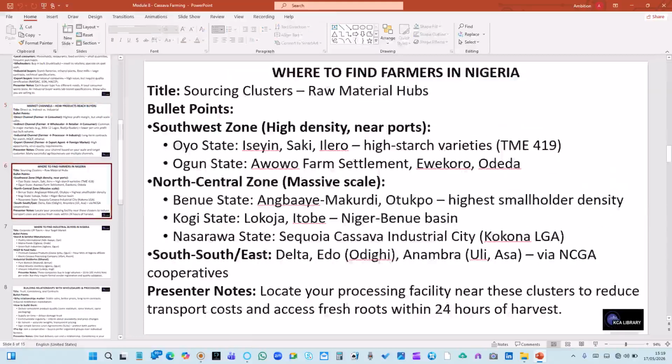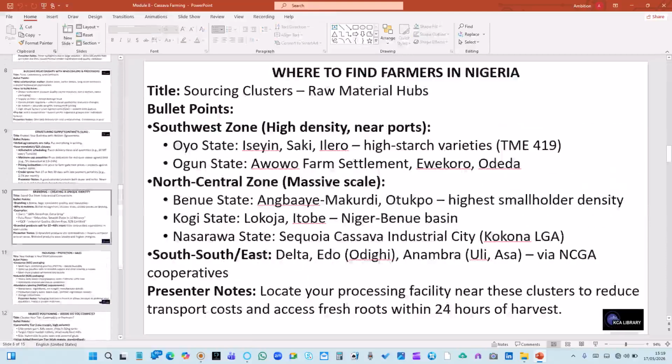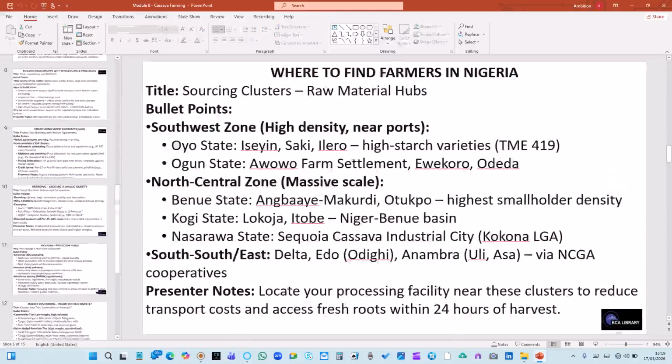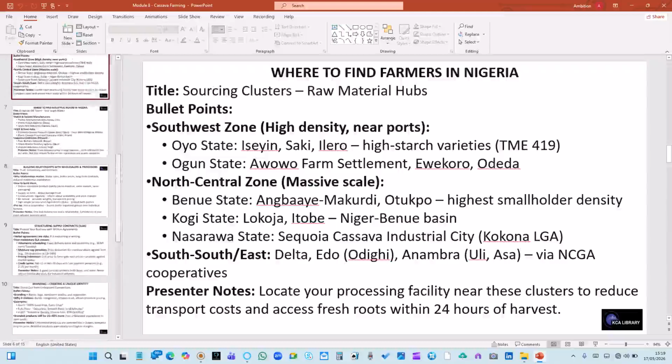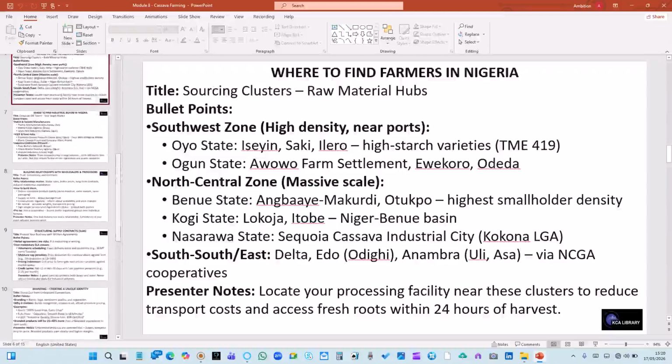Having known that, let us look at where to find farmers in Nigeria. In Nigeria, farmers can be found in many places, like the Southwest zone, characterized by high density. In Oyo State, we have Iseyin, we have Saki, located in Alaro, characterized by high starch variety.